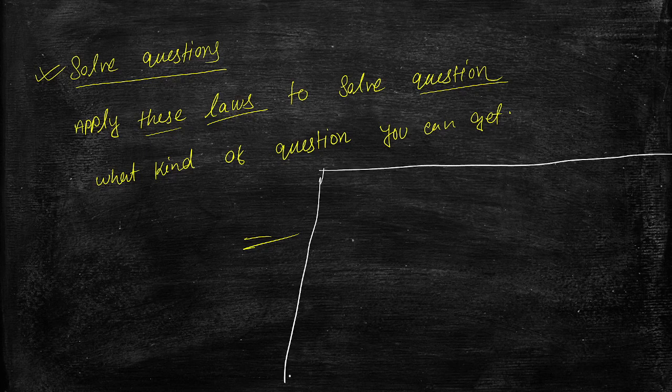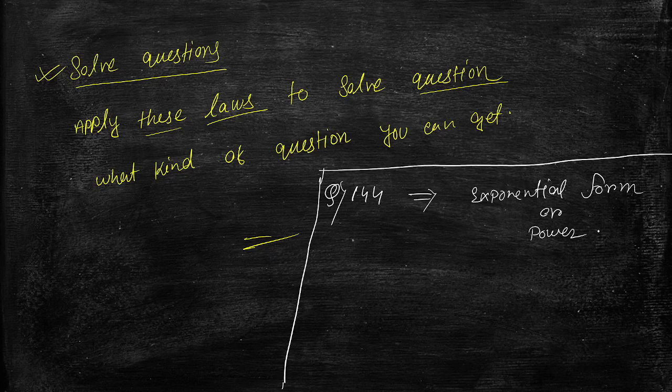Suppose there is a number written as 144, and you need to write it in exponential form or power notation. So how do we do this kind of problem? You just need to do the prime factorization of 144.